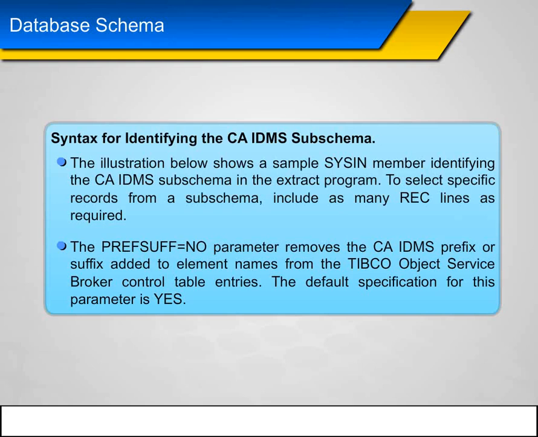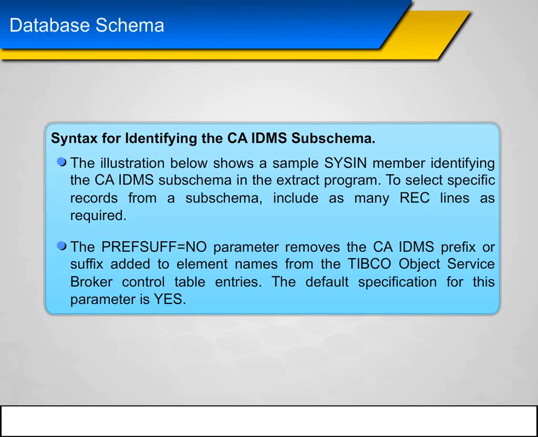Syntax for identifying the CA/IDMS subschema. The illustration below shows a sample SYSIN member identifying the CA/IDMS subschema in the extract program. To select specific record from a subschema, include as many REC lines as required.